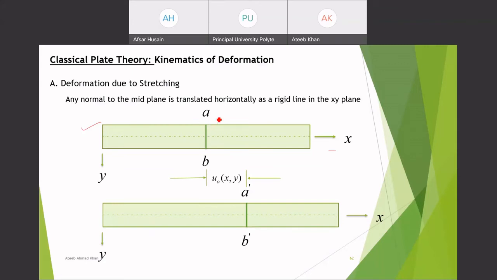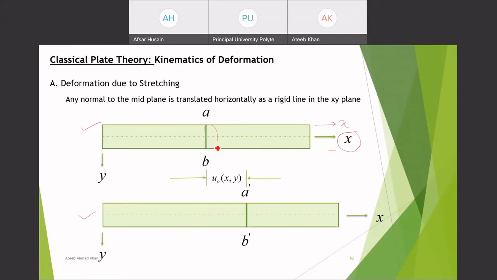Depending upon the direction of the load, whether it is in positive X or negative X, this transverse normal will be stretched towards right or towards left. Since we are applying the load in the positive X direction, you can see this is the deformed case where the transverse normal has stretched from this point to this point, and we are calling this new transverse normal A dash B dash.